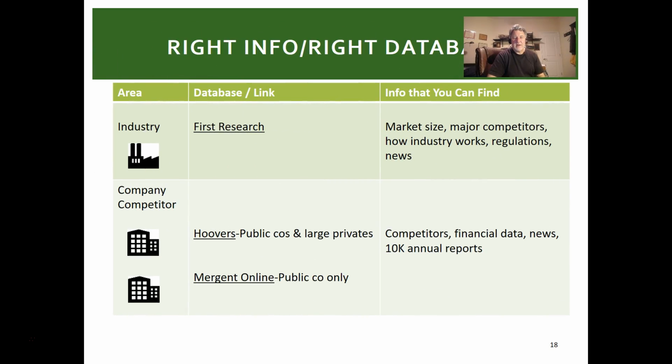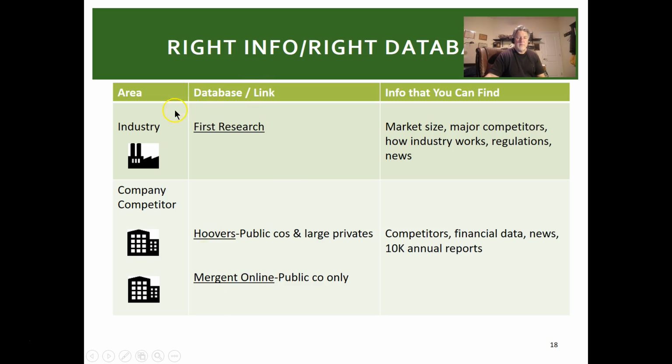So I've tried to organize at least so you start thinking about things at those levels. For industry, it's First Research, and I think Mark had shared that. That's a very, very useful database. As you get into the company level, Hoover's and Mergent Online, and I particularly like Hoover's.